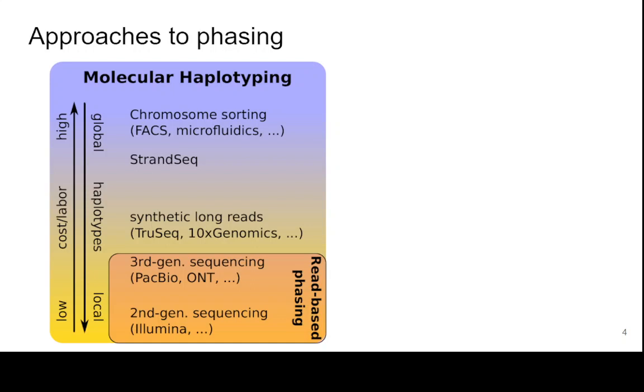So the next question is, how can we utilize these new advances in technologies and data types to perform phasing directly from the reads? We call that read-based phasing. The advantages of read-based phasing are that you can phase de novo or rare variants, and you can also produce chromosome-scale haplotypes.